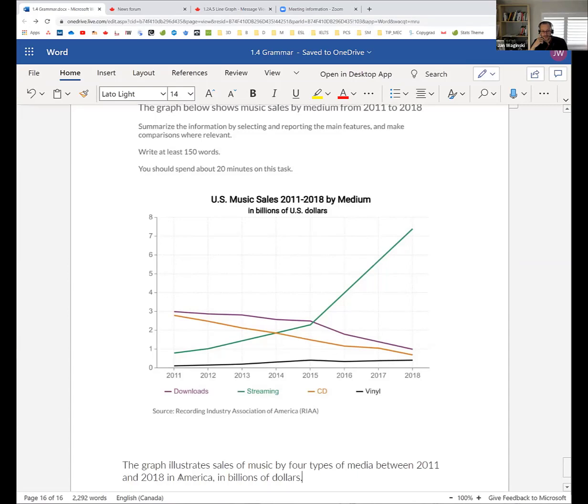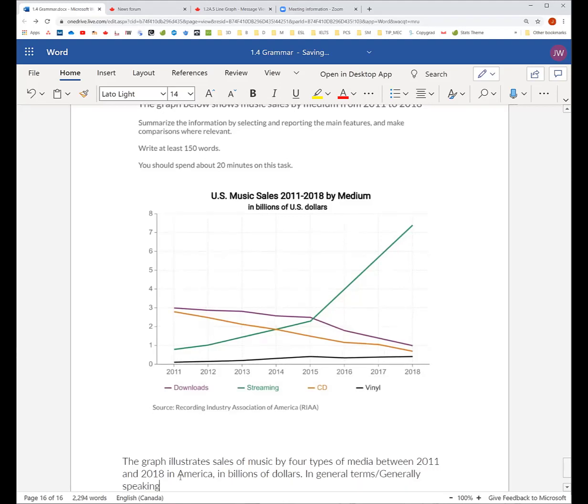All right, now what's next, Safa? General overview. We can say generally. General. Sorry. Generally speaking. Yeah, in general terms, generally speaking, either one is okay.